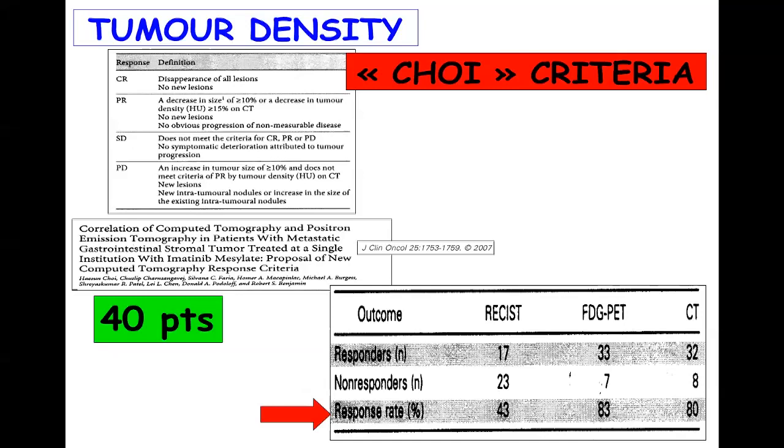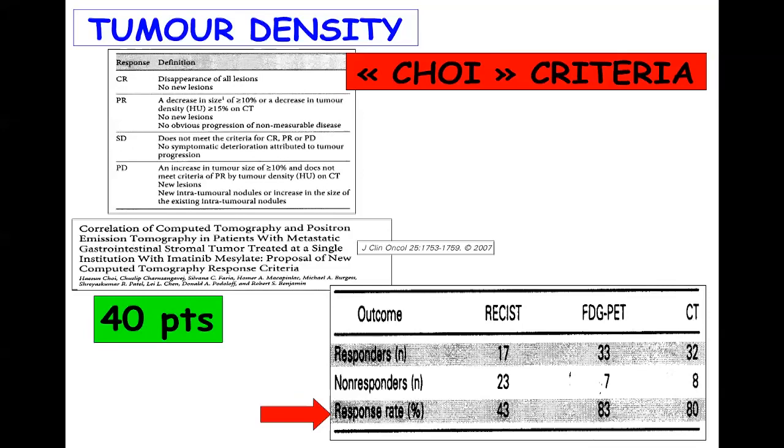This article, published in JCO in 2007 on 40 patients, compares the response rates between RECIST criteria, FDG PET, and CT based on the Choi criteria.